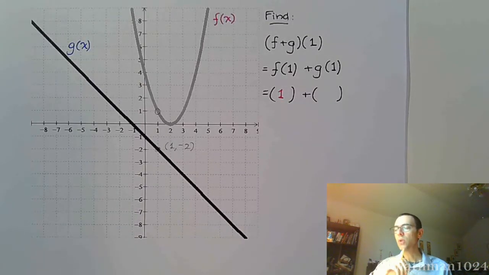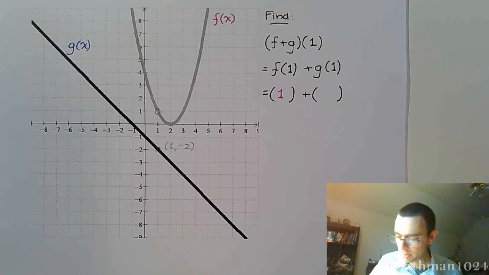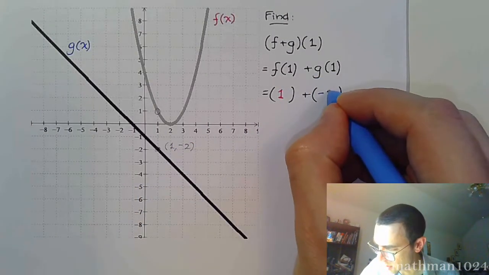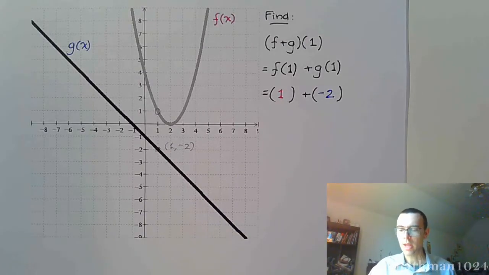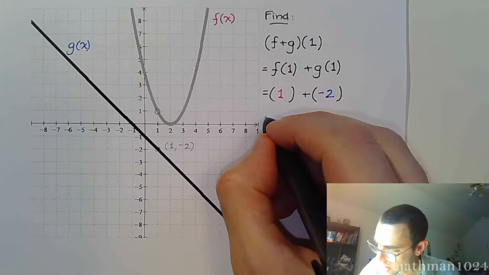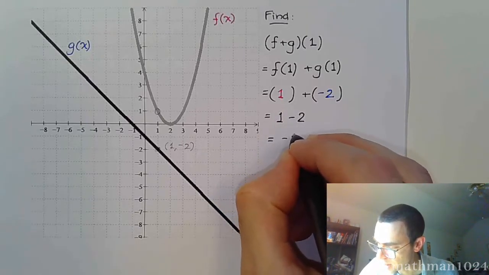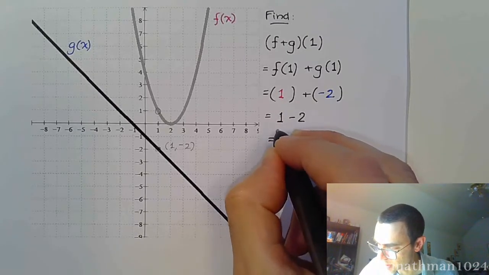So g of 1 is the y-coordinate when x is 1, which is negative 2. Now we just put these together: 1 and minus 2 gives me negative 1 for that evaluation.